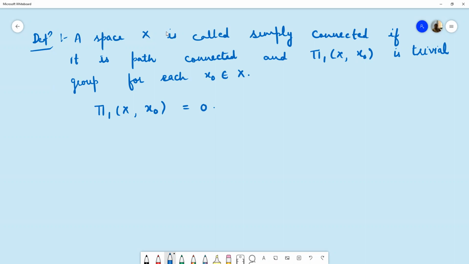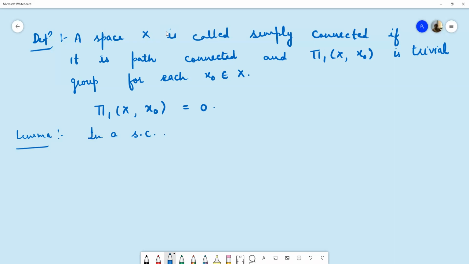Now we will prove that in a simply connected space, any two paths having the same initial and final points are homotopic. I will use the abbreviation SC for simply connected space.